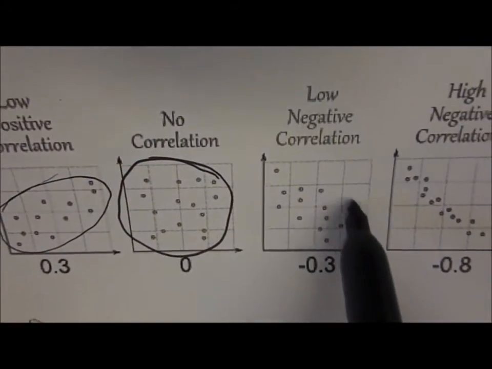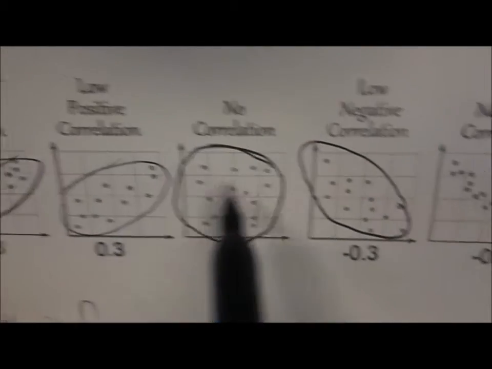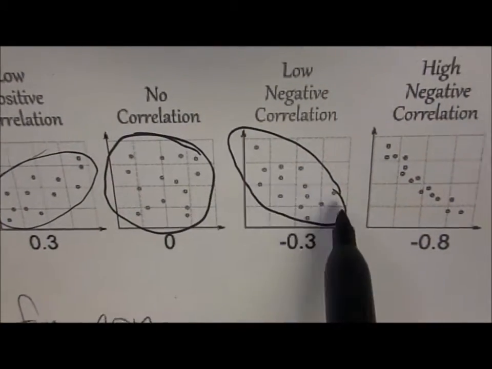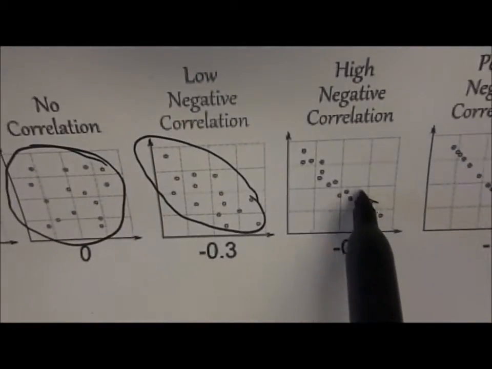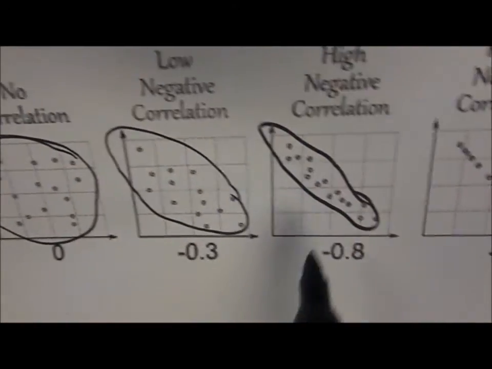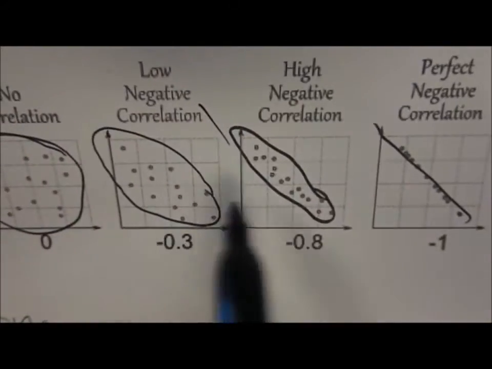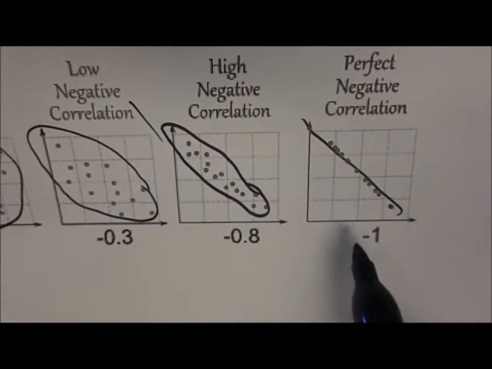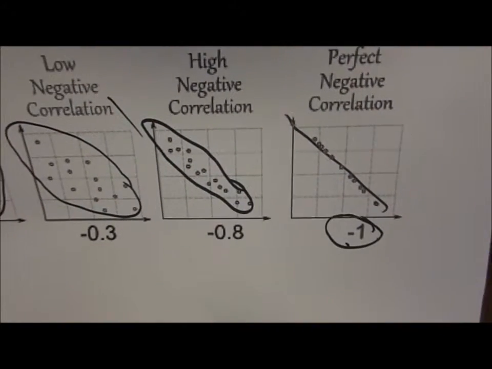Now, as we go into the negative correlations, you'll notice it's still got an oval like this one, but now it's going downhill. Okay, the slope is down. And as you get closer and closer to -1, they go downhill, but they're closer and closer together until you have a perfect negative correlation of -1. This is a strong correlation, even though it's negative.